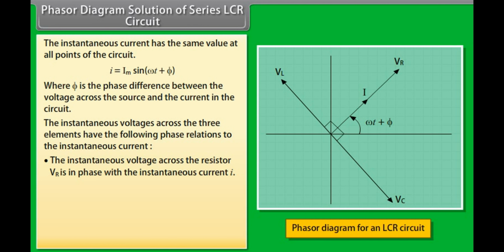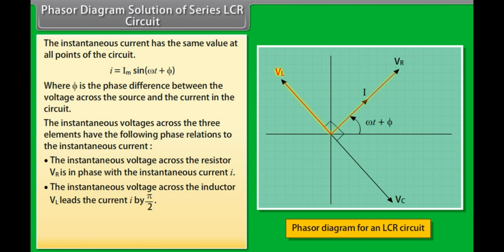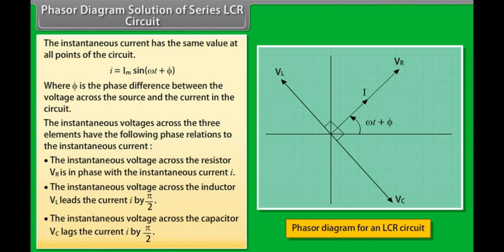The instantaneous voltage across the resistor VR is in phase with the instantaneous current I. The instantaneous voltage across the inductor VL leads the current I by π/2. The instantaneous voltage across the capacitor VC lags the current I by π/2.